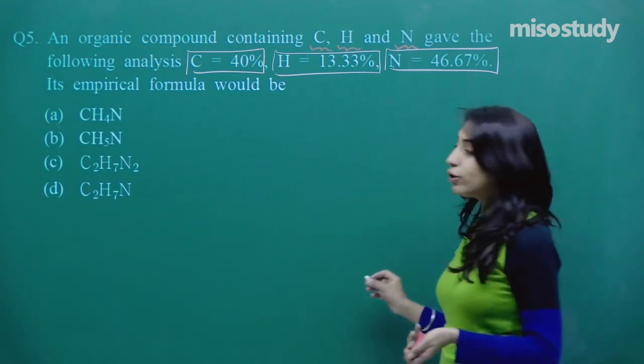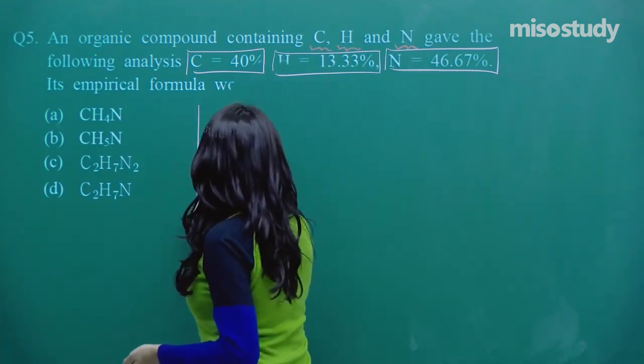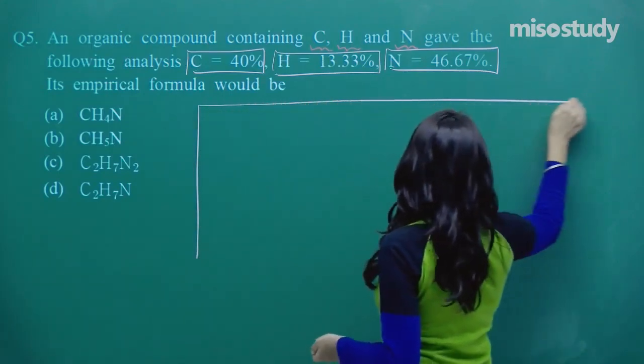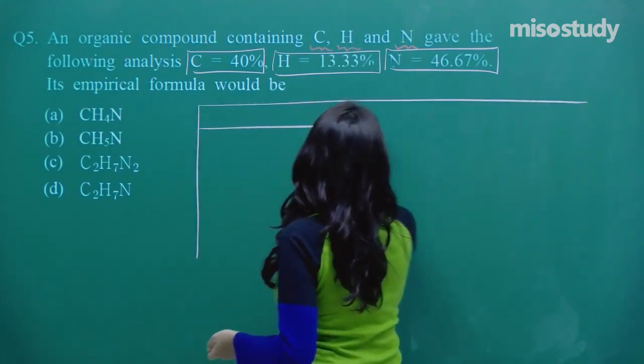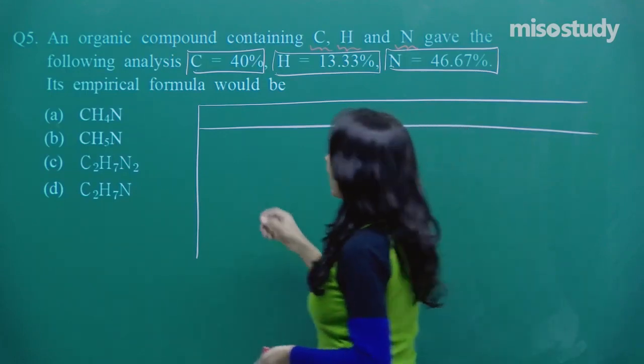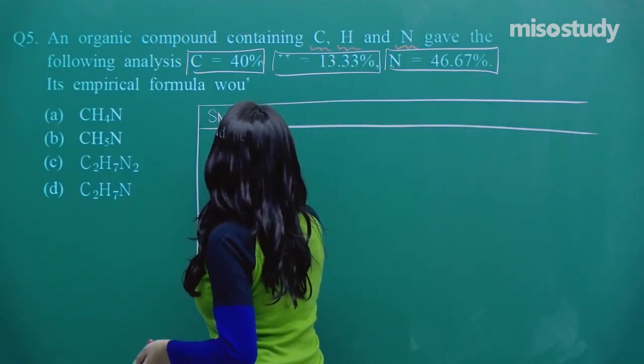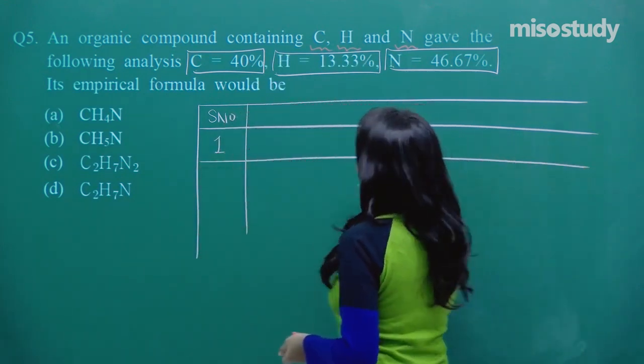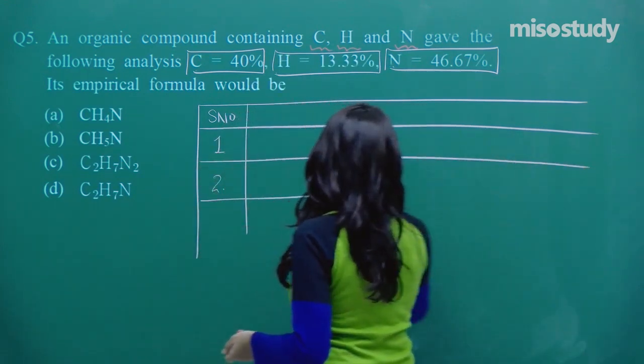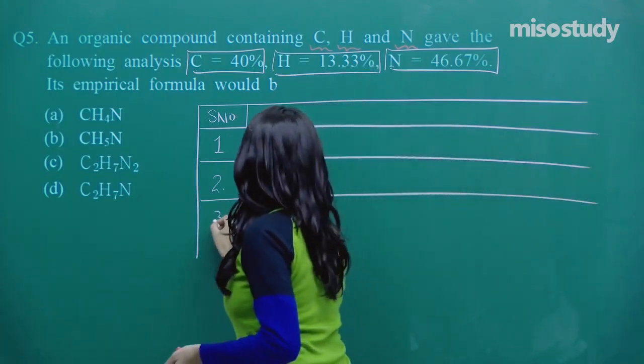I remember I told you the question on the basis of making a table. So first of all, you can just in short write down the serial number. We have 1. How many elements are present? And the third one, this.